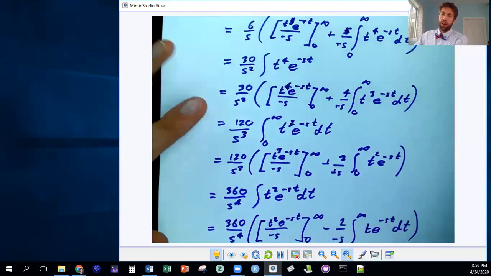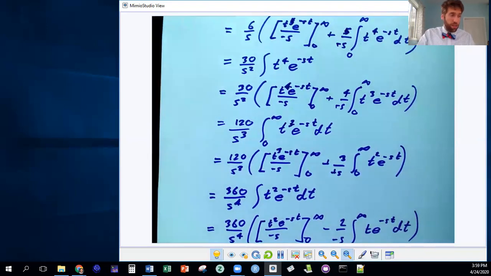Okay, now let's use the fact that the book already did one of these integrals. They did in example 6.1.1, part 2. They did e to the negative st times t and got 1 over s squared.